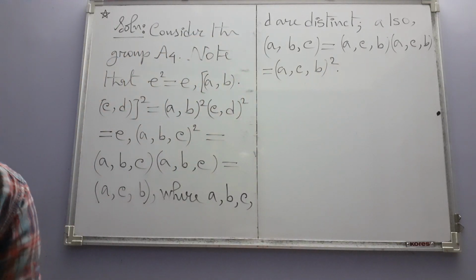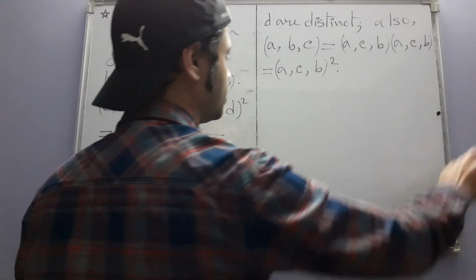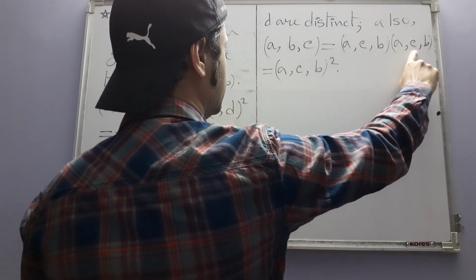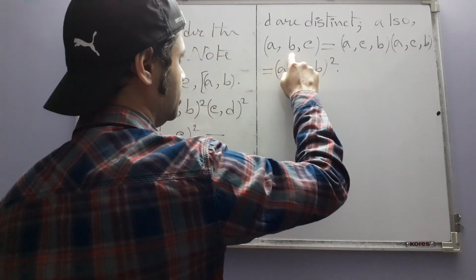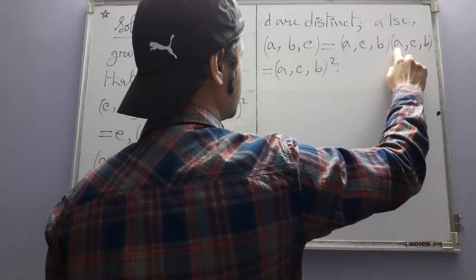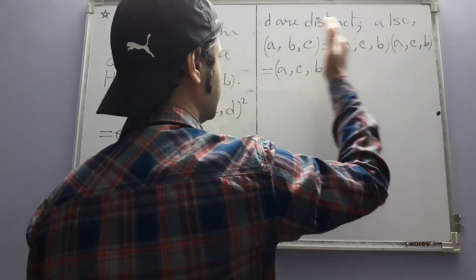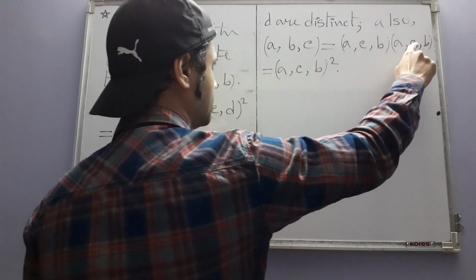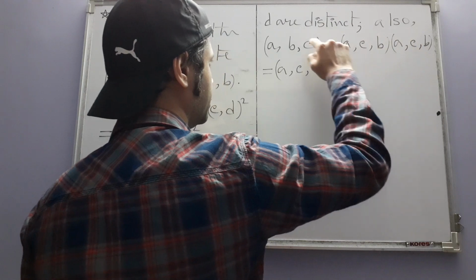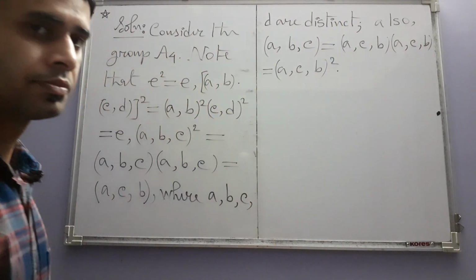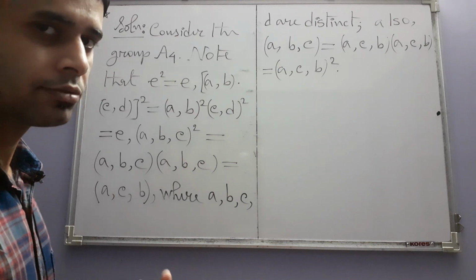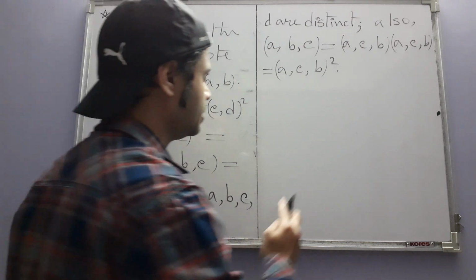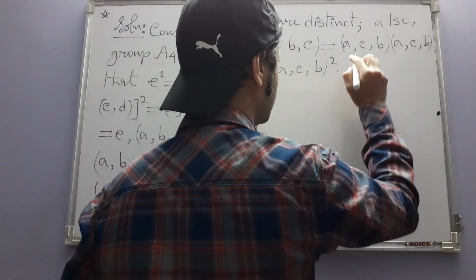Is it really true? Let's see. A goes to C, C goes to B, so A goes to B. B goes to A goes to C, that means B goes to C. Okay, C to B, B to A, C to A. Yes. So from this calculations, you see that what I was stating back then, that is true.